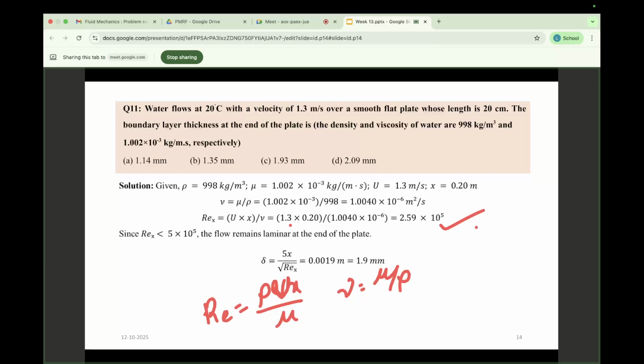We know that if the Reynolds number is less than this number, then the flow is laminar. So that's why we use the corresponding formula, which is 5x by root over Reynolds number. So you just put the value and we'll get this as the answer.